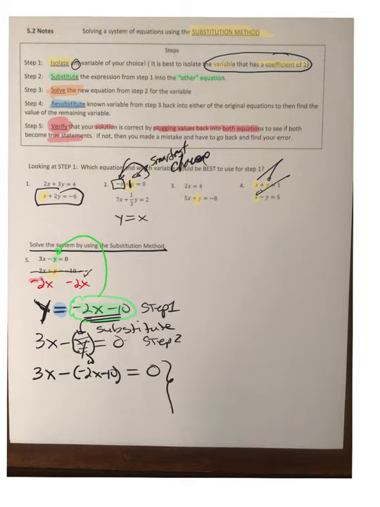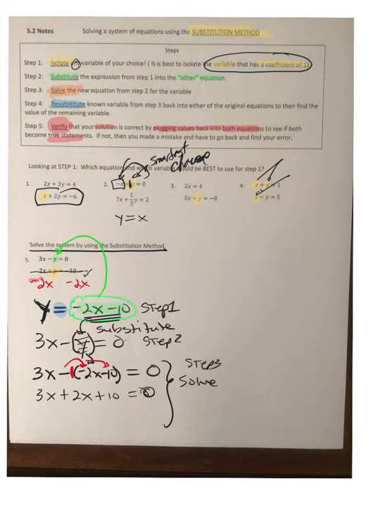Step 3 is to solve this equation. So remember, this is like a quote, so we're going to multiply by negative 1. So we're assuming you remember your algebra skills. So we're going to do 3x, and the negative 1 times negative 2 is positive 2x. And the negative 1 times negative 10 is positive 10.